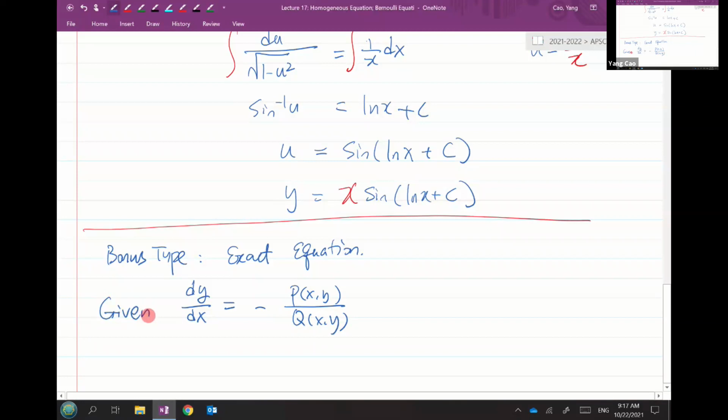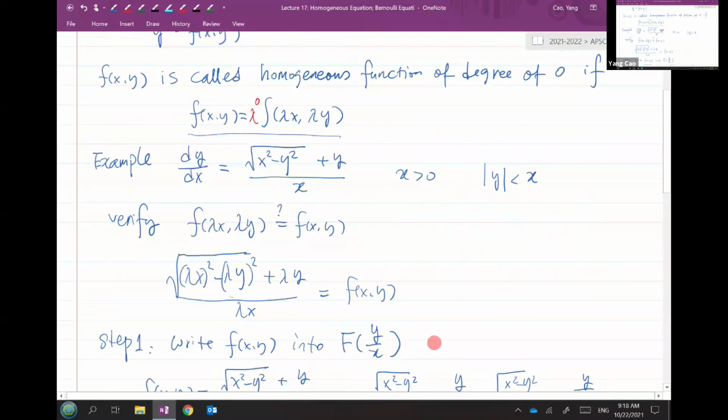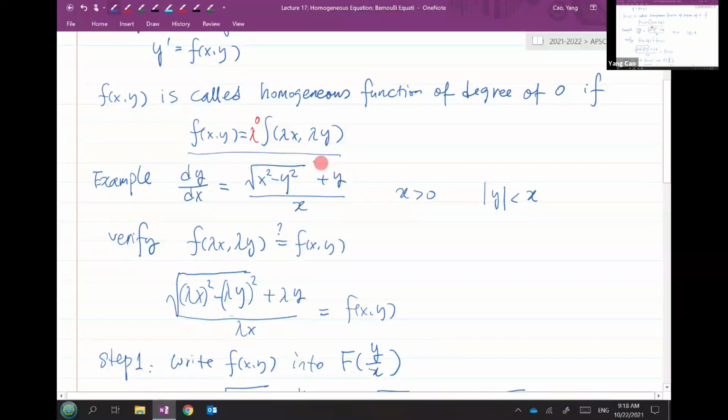Okay. Sometimes you probably will be given a differential equation in this format. So the f of x, y here is a fraction of 2 functions. The numerator is a function of x, y, and the denominator is also a function of x, y. So even though this looks very complicated, it's still a first order ODE, right? Technically, the example we did here is also in that format.